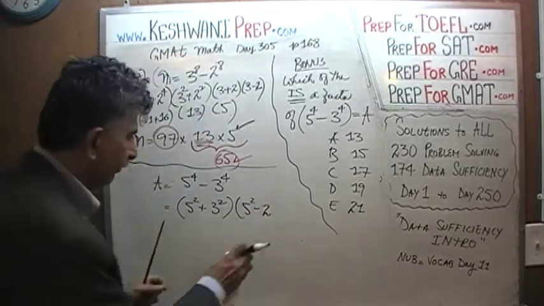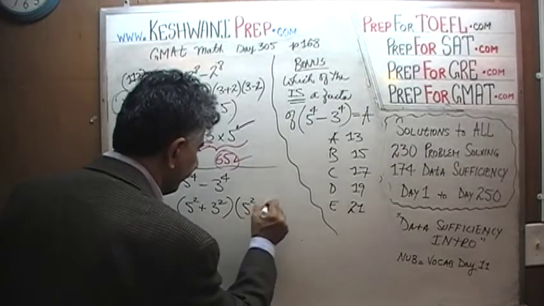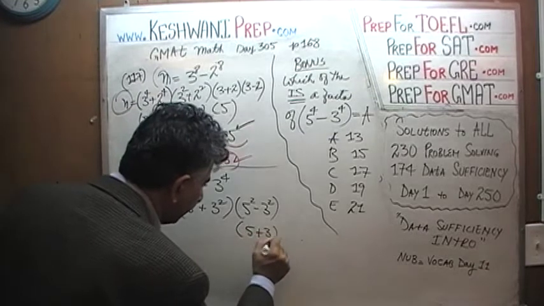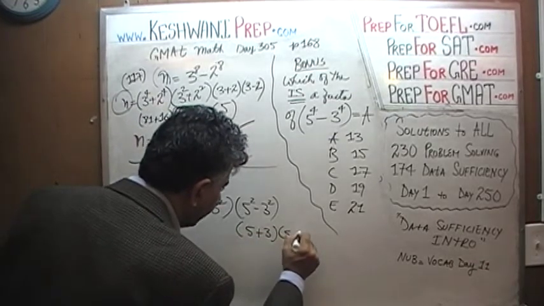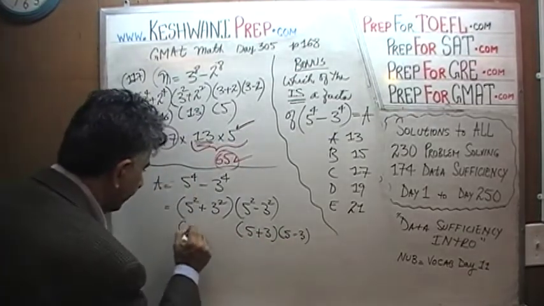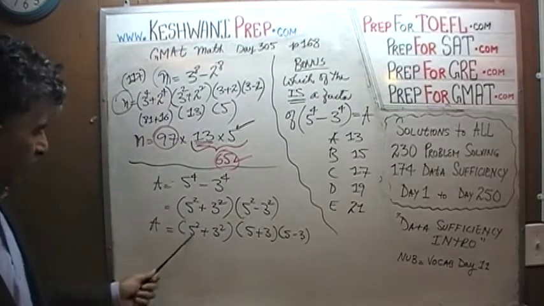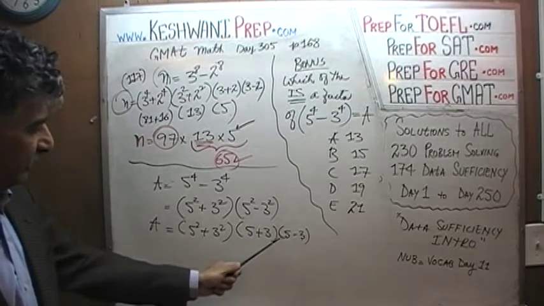This is a very simple problem. And that in turn can be written as 5 squared plus 3 squared times 5 plus 3 times 5 minus 3. And this is our A.